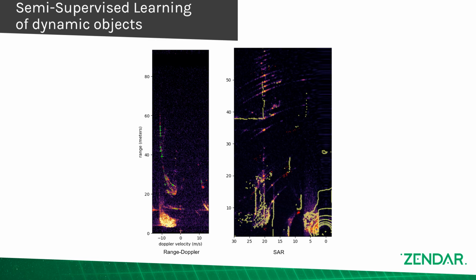Now if you look at the right image, it's the SAR image with the lidar overlay. Yellow lines on top of the SAR are coming from the lidar. And as you can see, the projected red points, which refer to the moving objects, usually lie on top of the lowest SNR region of the SAR. Now this is a simple heuristic to be able to classify moving and stationary points.